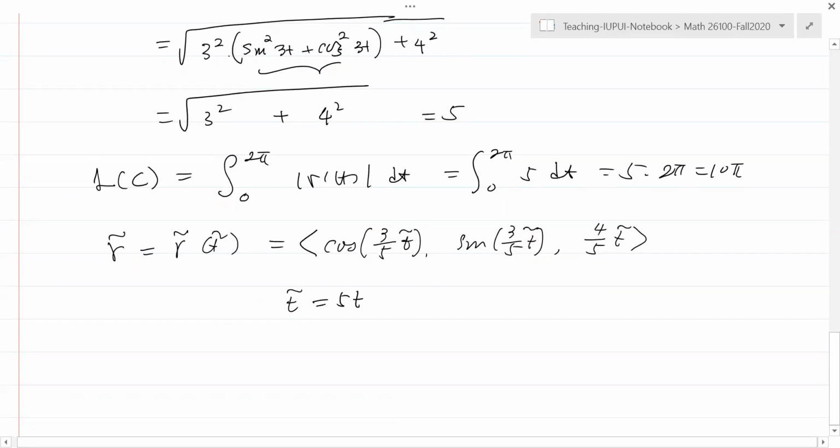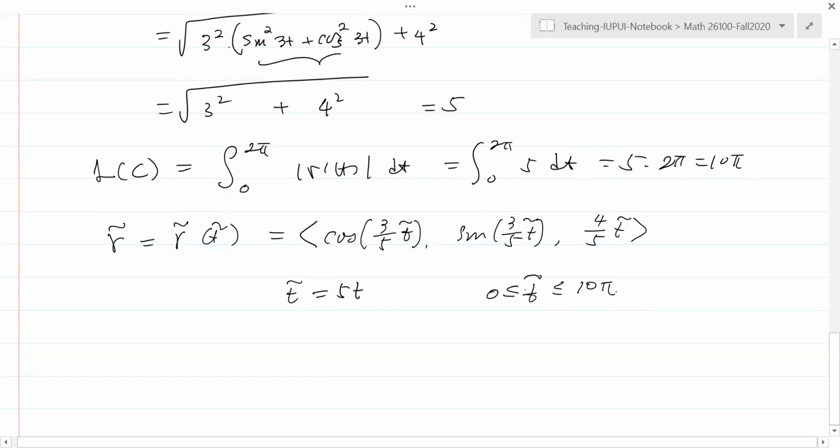Then T tilde is between 0 and 10 pi. When t equals 0, you still get the same point P, which is (1, 0, 0). When it's 10 pi, it's still Q, which is (1, 0, 8 pi). It's the same point.